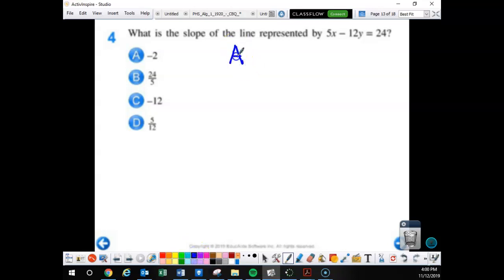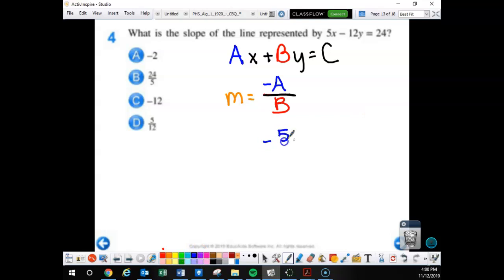So remember, Ax plus By equals C, and your slope m equals negative A over B. So here my A is 5, so it would be negative 5 over B, which is negative 12.